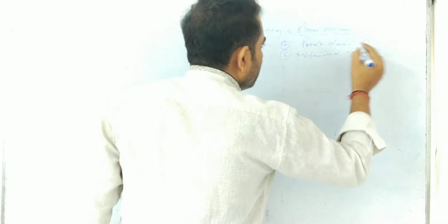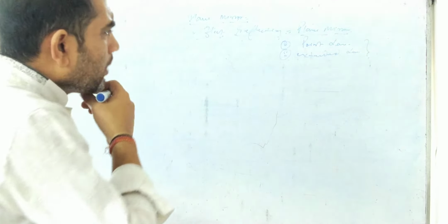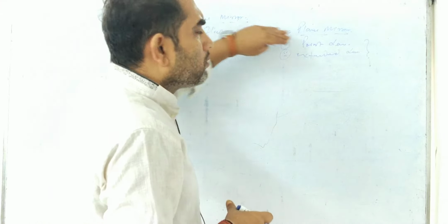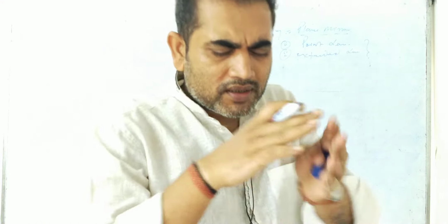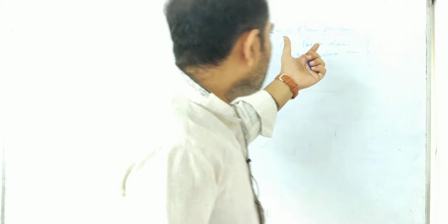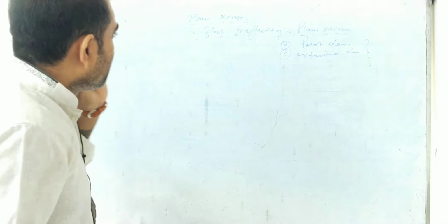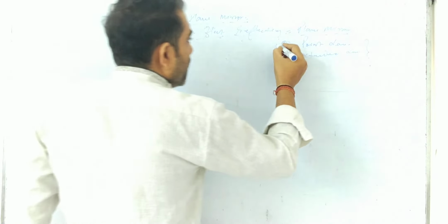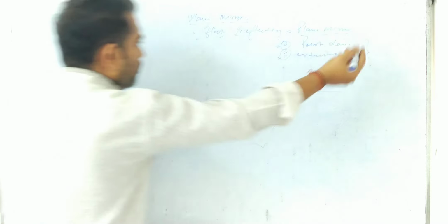After that we will discuss the characteristics of the image formed by a plane mirror, lateral inversion, some terms are there. But first of all, we start with a ray diagram of the point source, and then we will do the extended source.